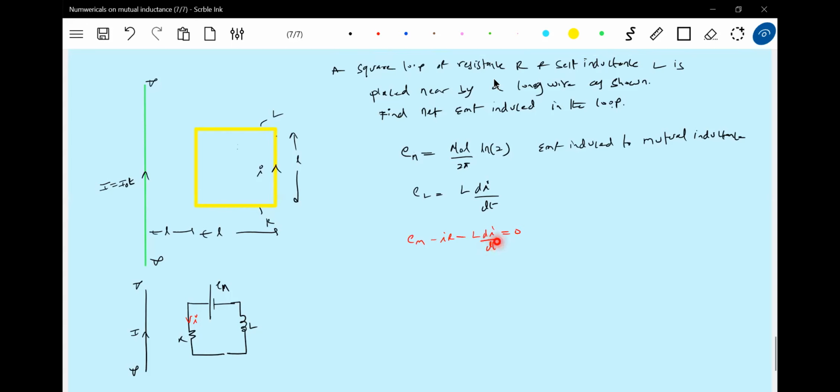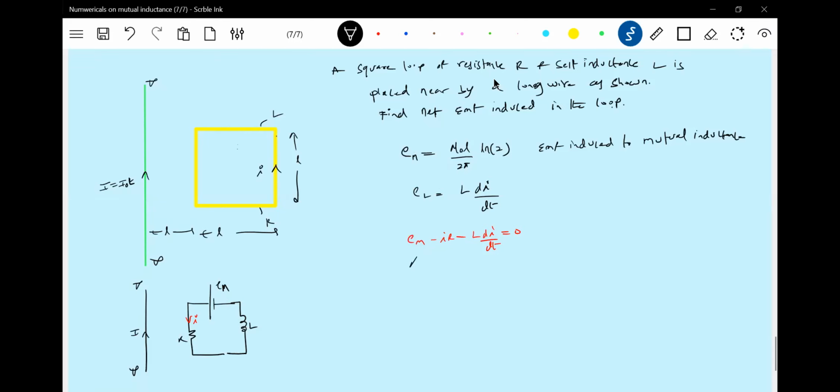Able to understand? No? So I suggest, this is due to self-inductance. This is due to mutual inductance. Just bring that EMF due to mutual inductance, bring that cell, then treat it like an RL circuit and work it out.